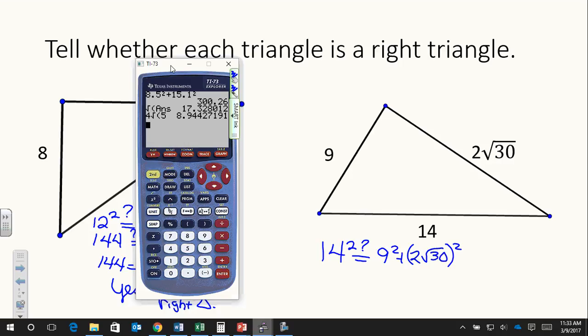So what's 14 squared? So 196, is that equal to 81 plus 30 times 4, right? We square the 2 and remove the radical. So 4 times 30 is 120, right? 120 plus 81.